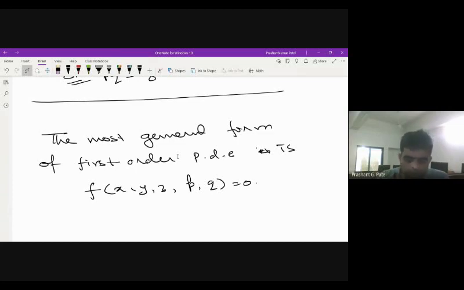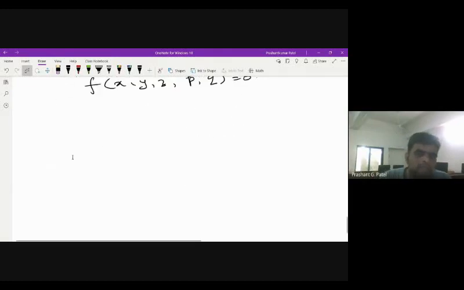So first we have to learn how to eliminate the arbitrary function from the given equation. The first example that I am taking here is the surface of revolution.